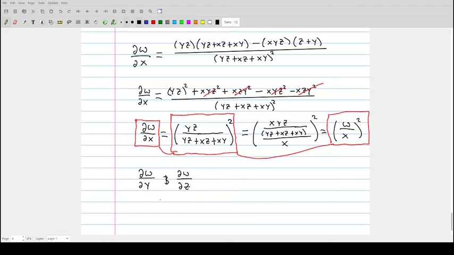Also remember that these variables have meaning. In this case, this is the rate of change of Req, the equivalent resistance of a circuit, with respect to R1, whereas dw dy is the rate of change of Req with respect to R2, and dw dz is the rate of change of Req with respect to R3.